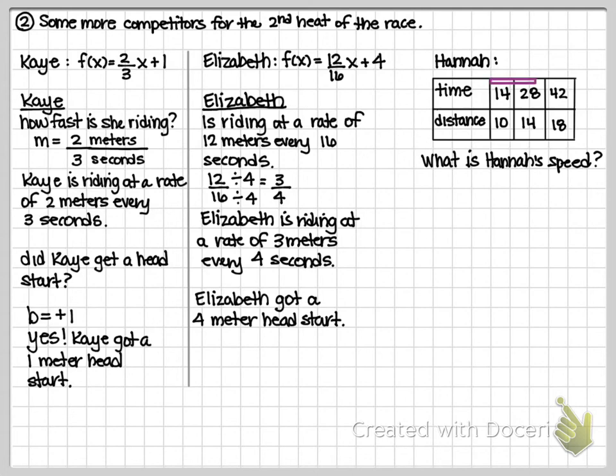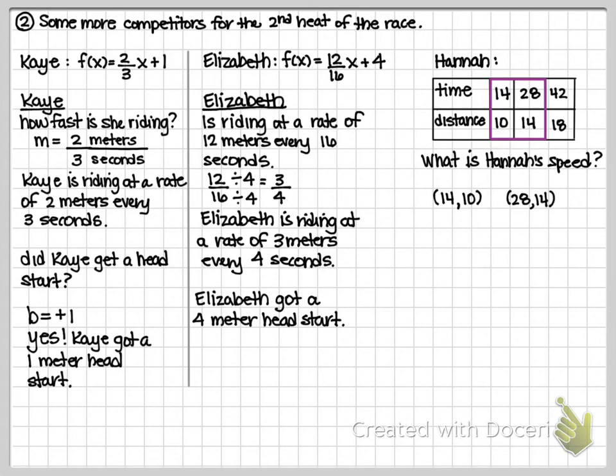So I'm going to choose the first 2 points only because they're smaller. And I'm going to write those out for myself as 14, 10, just because I like to identify my x and my y's, and 28, 14.